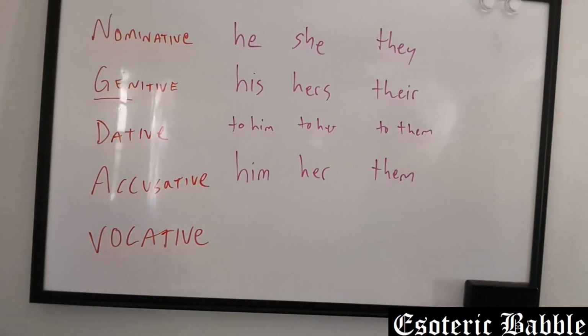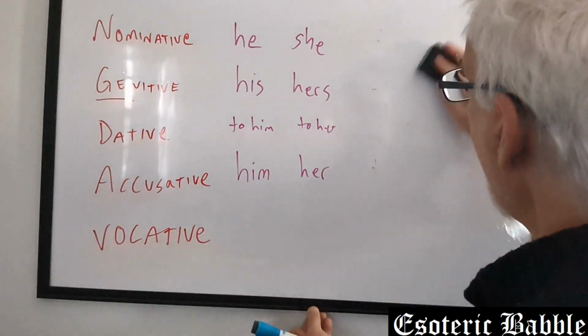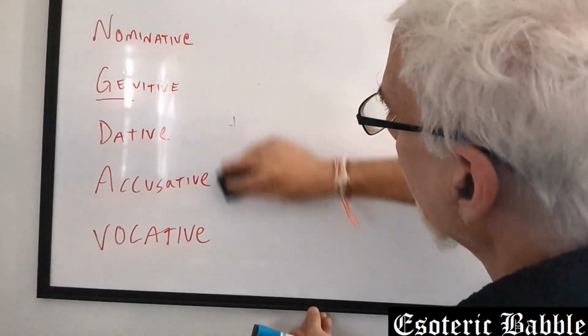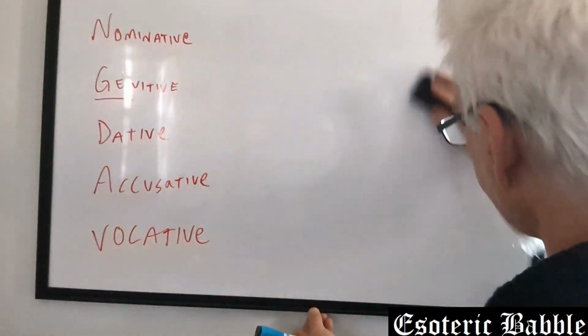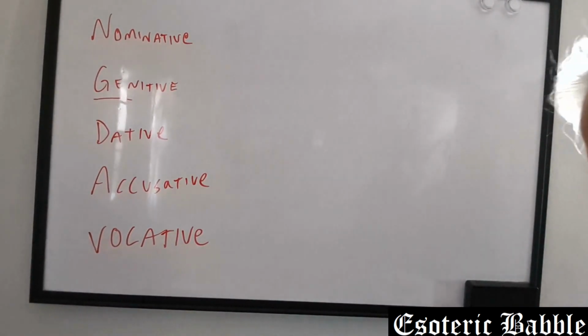So what we're going to do now is we're going to look at a word, and we're actually only going to look at it in two different cases, and then we're going to talk about how to describe it. And the reason for this, I should have put this first, is it's just the way Greek is done.